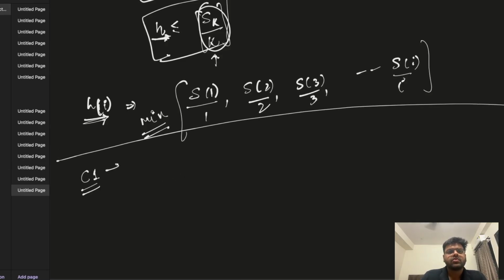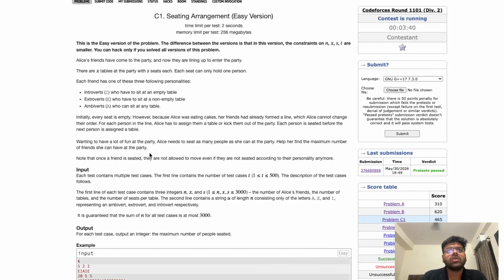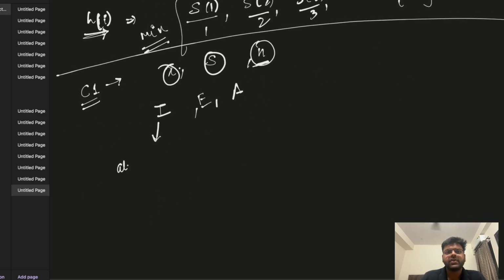C1 problem was saying that you have x number of tables and s seats for each of them, and there are n people who come to your party. We have three kinds of people: I, E and A. For the I, the introverts, they always sit on an empty table.